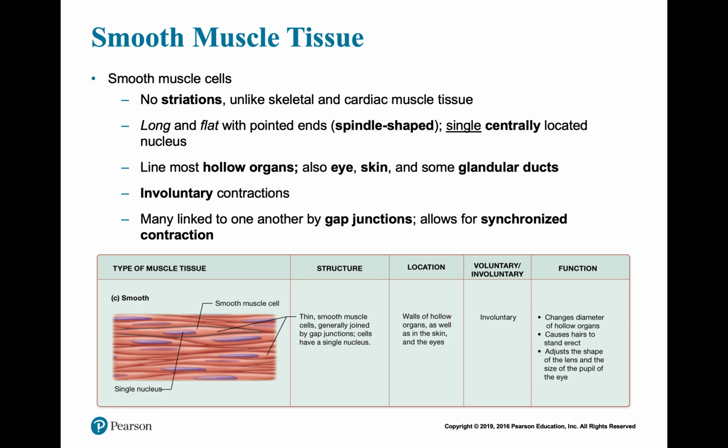The type of contraction that smooth muscle carries out is a special type. If you've ever heard the term peristalsis, it's a wave-like contraction that propels some sort of substance in a hollow tube forward, okay? And so that's what they do, so this shorter shape is fine for that.